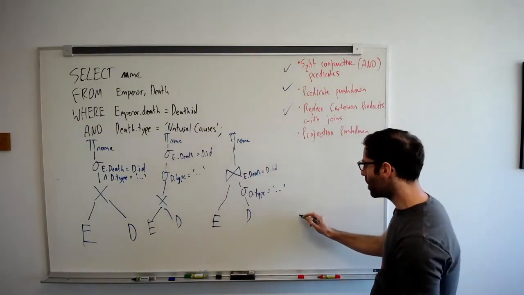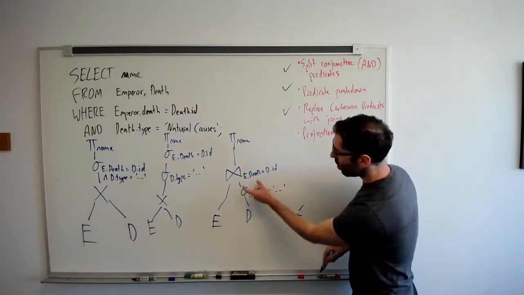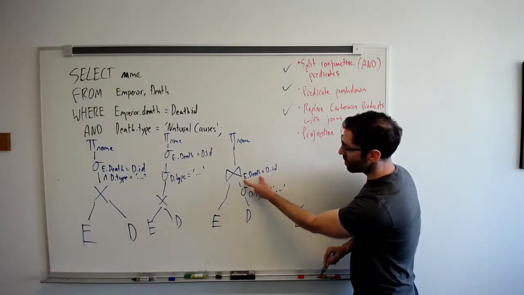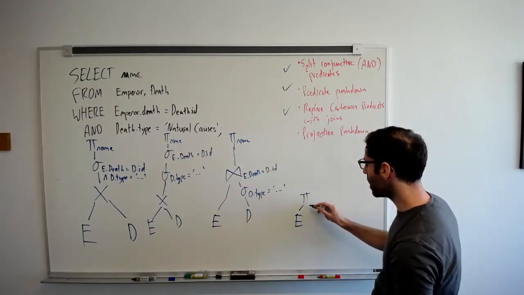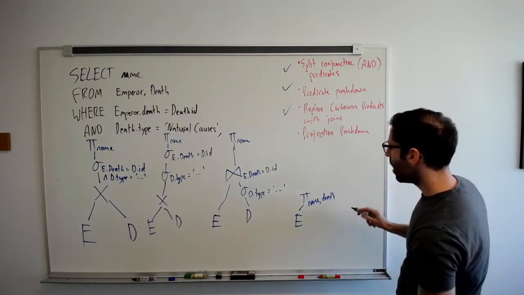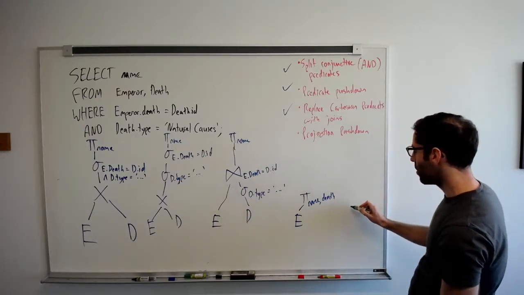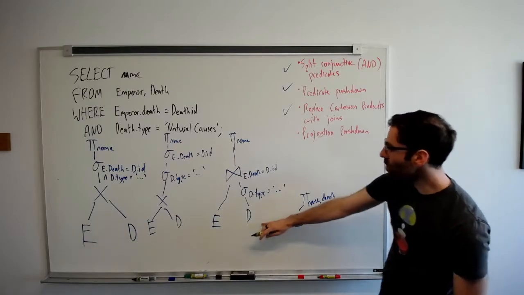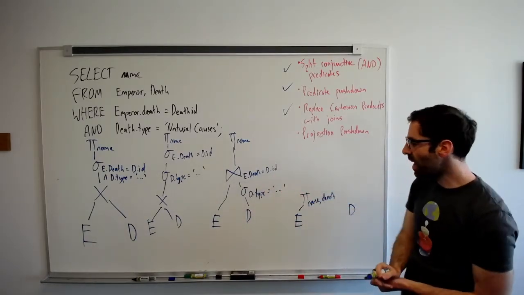So what we can do is, the things we need out of an emperor are the death and the name. So we have a projection immediately that gives us just the two fields that we need. And then for our other relation, we need the type and the ID, and that's it.